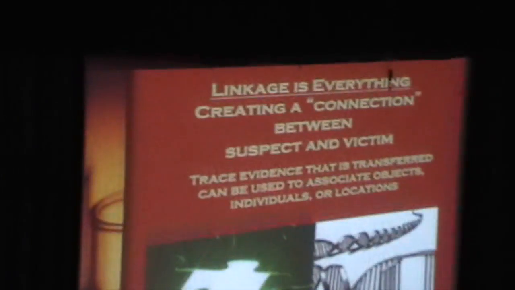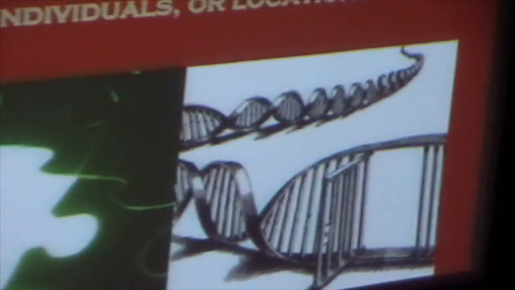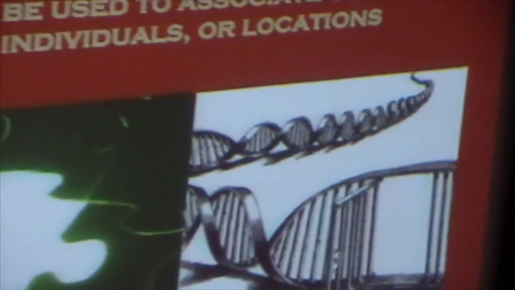That can be transferred, and we associate that, of course, victims and suspects. On the bottom right is DNA, which is our best, because if we have your DNA on somebody's body, then it's pretty good you were with them. Well, it is fact that you were with them. So we want to link victims and suspects.